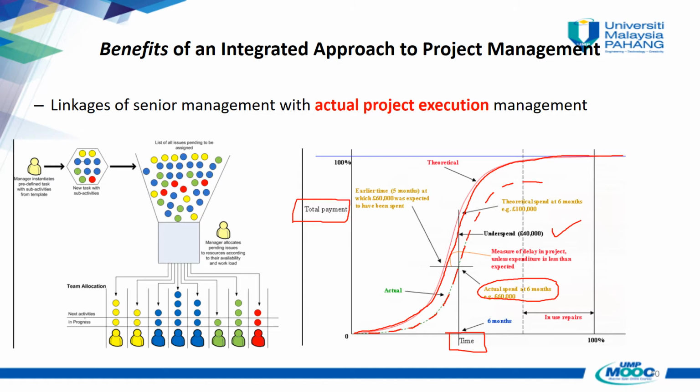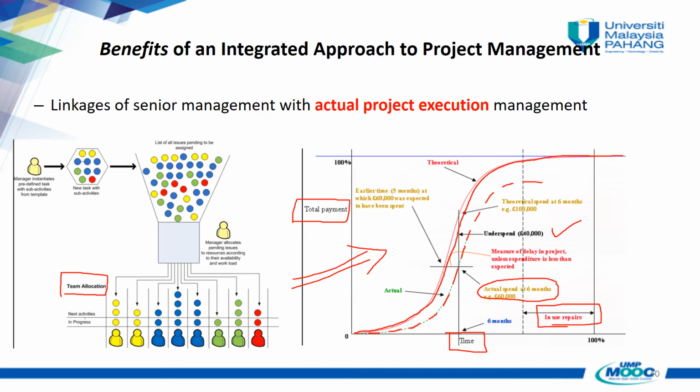And also we will see this linkage of senior management with the actual project execution, how we allocate our team based on the current situation here. We want to know what the next activities are if we overspend or underspend, to repair back our situation or condition.